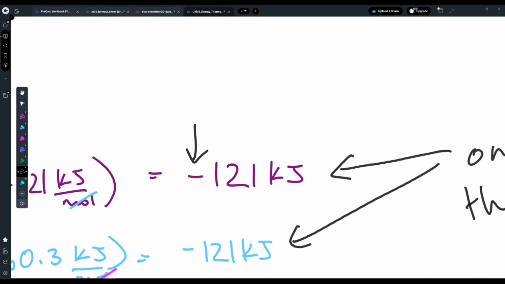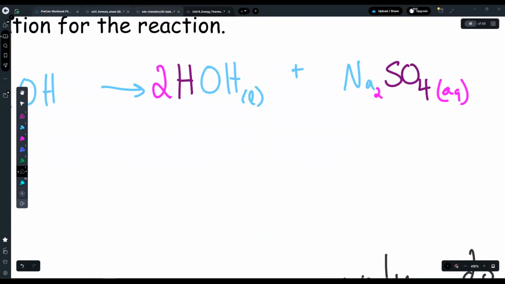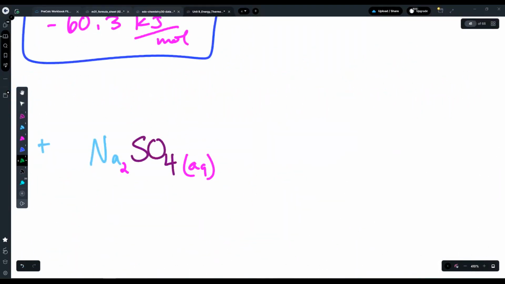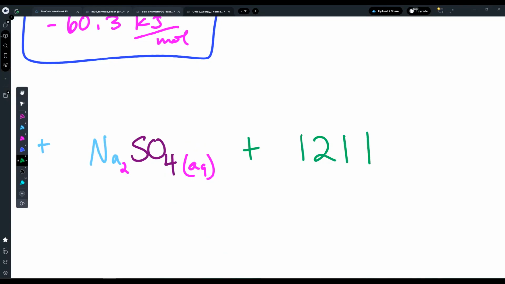So because it's negative, that tells us that energy is being given off from this chemical reaction. Okay, so that means it's a product. So I'm going to write plus, so again, you never write your energy term as negative, 121 kilojoules.